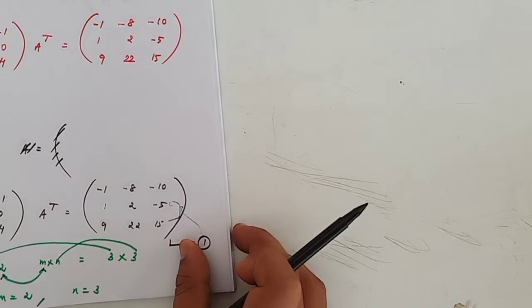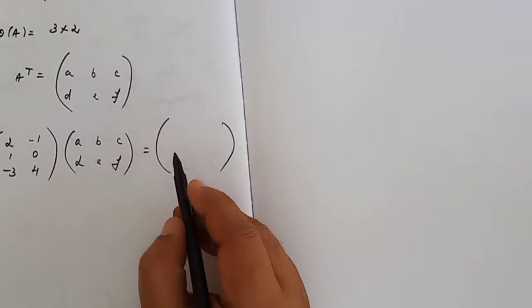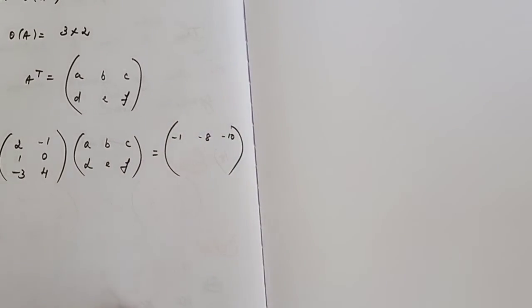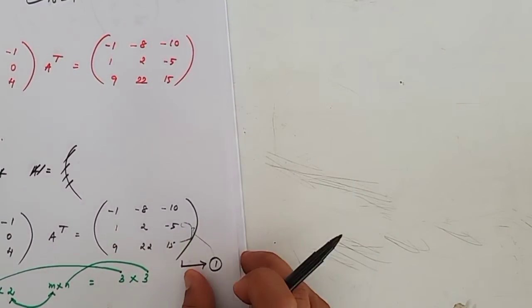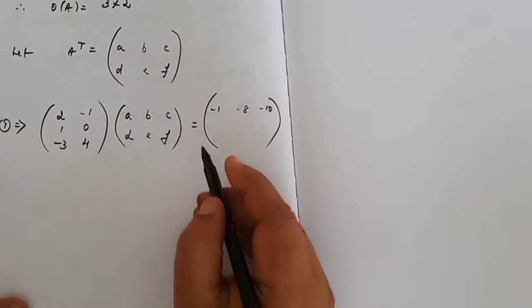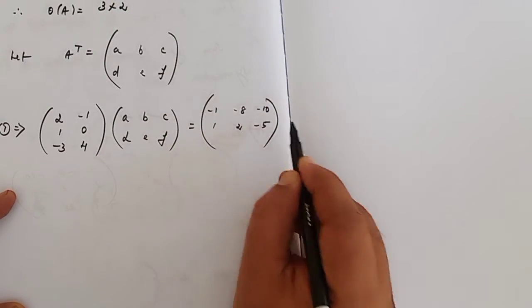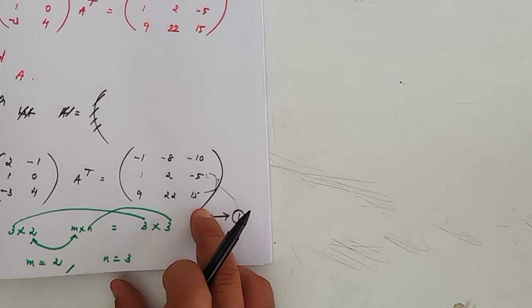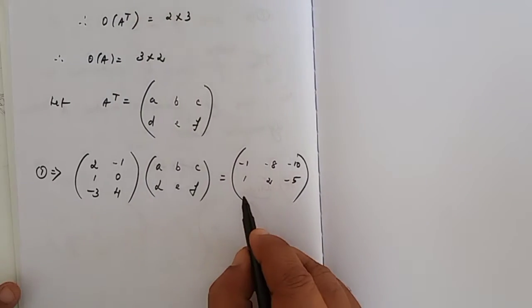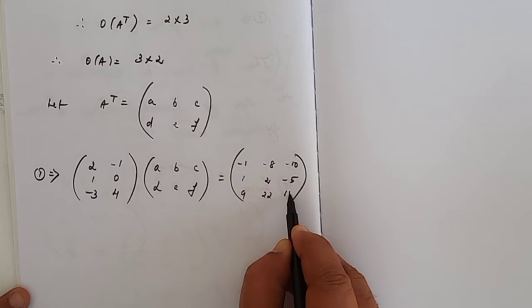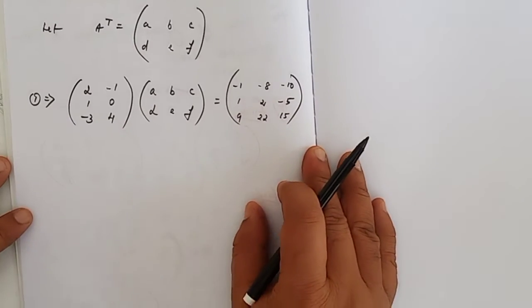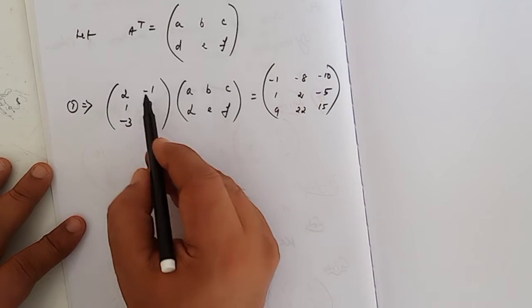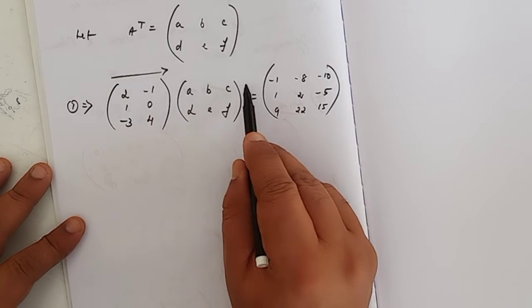Minus 1 minus 8 minus 10, 1 2 minus 5, 9 22 15. Okay, now it's a matrix multiplication, you know very well, row by column multiplication only.